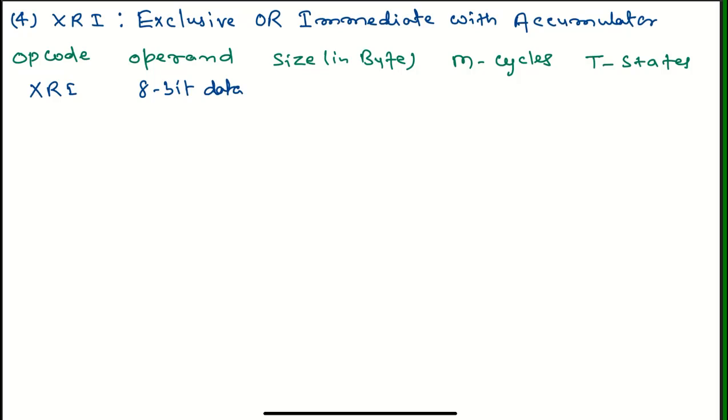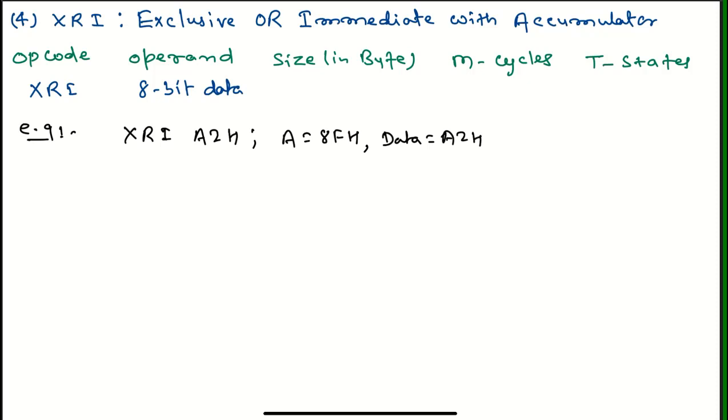So here, for example, we can write XRI A2H. We take the content of the accumulator as 8FH, and this 8-bit immediate data we are taking as A2H.